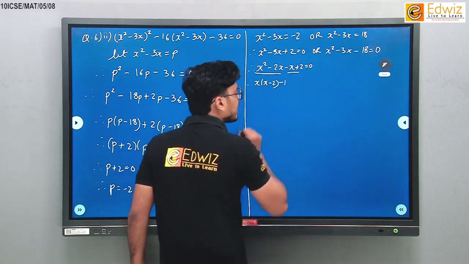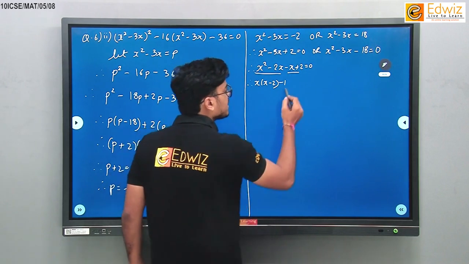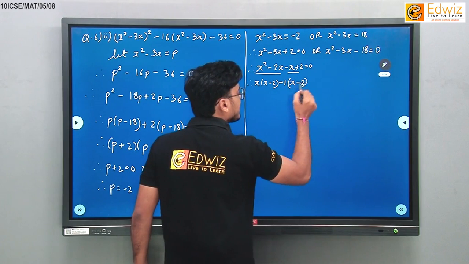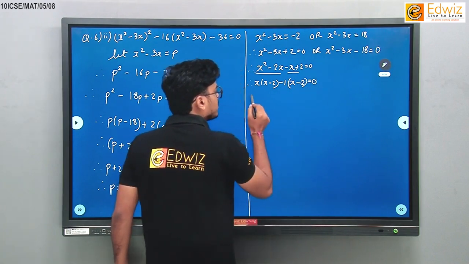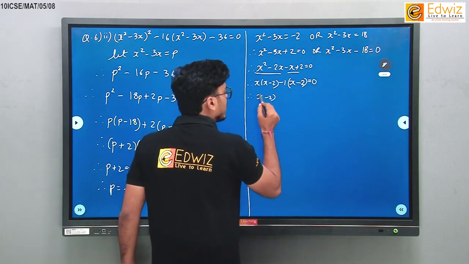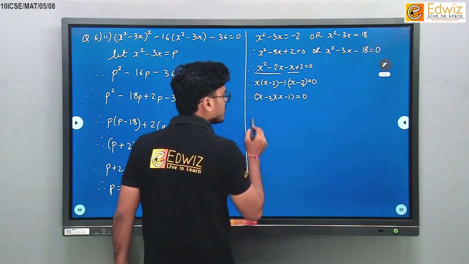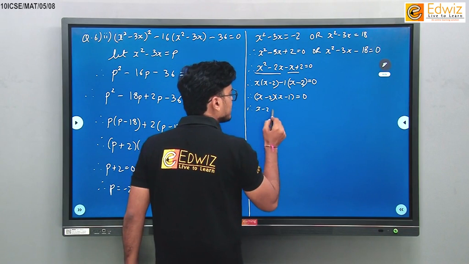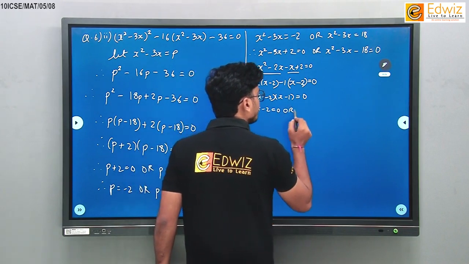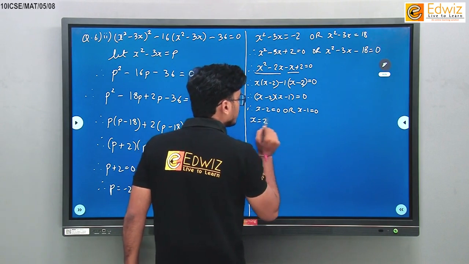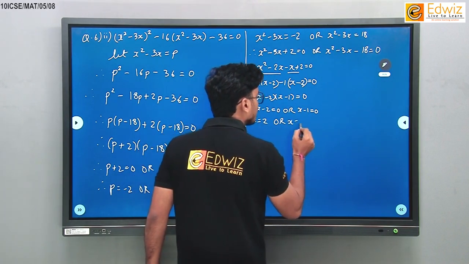Here minus 1 can be taken common. Whenever a negative number is taken common, the sign will change inside the bracket. It will be x minus 2. So the two brackets here are x minus 2 and x minus 1 equal to 0. Okay, so here we are getting two possible values: x minus 2 equal to 0 or x minus 1 equal to 0. Okay, so x equal to 2 or x equal to 1.